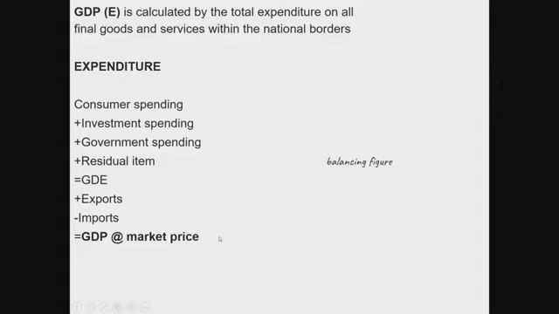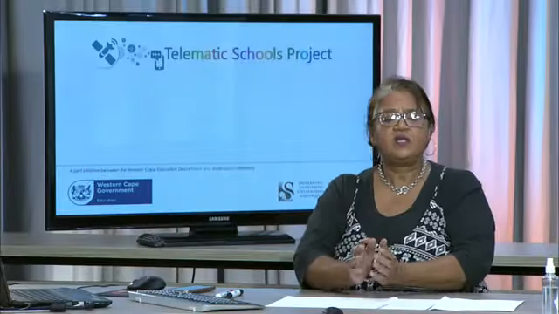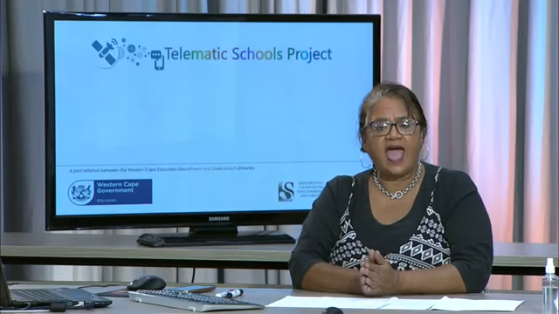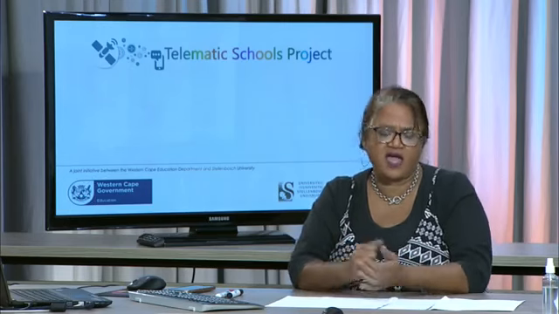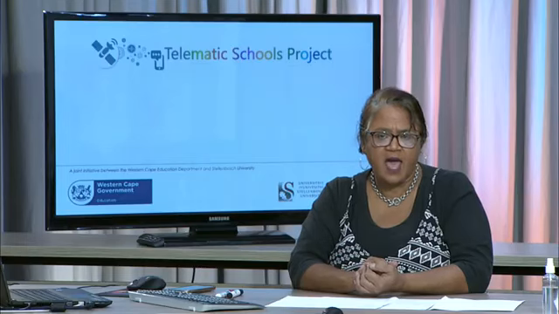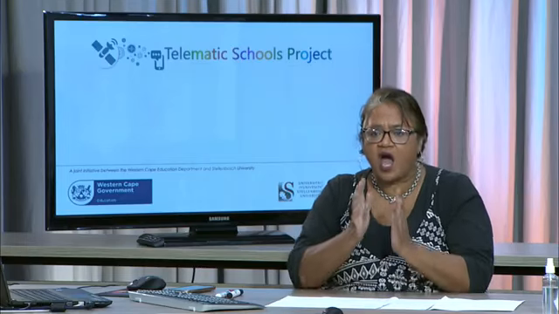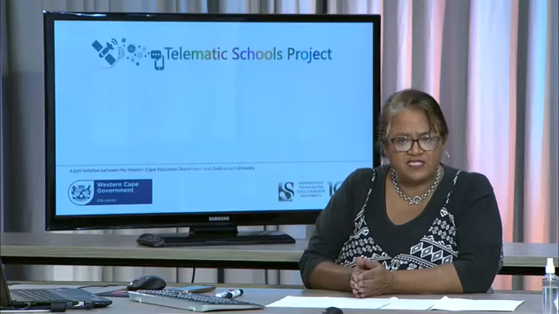Right, so what I want you to see now is that with the other two methods, we had first GDP at basic price, then we had GDP at market price. With this method, we only have a GDP at market price. There is no GDP at basic price. The reason being, for the other two methods, you looked from the production perspective.